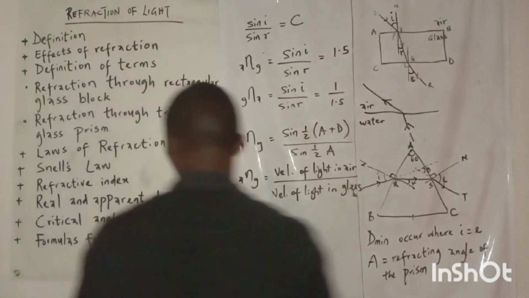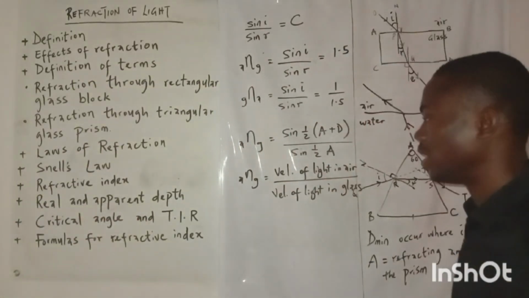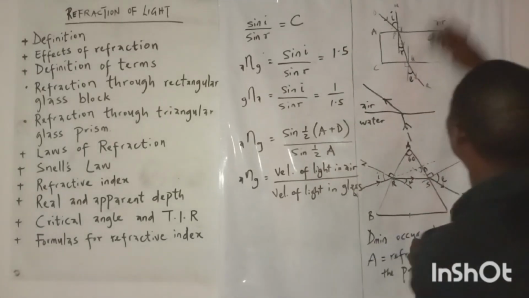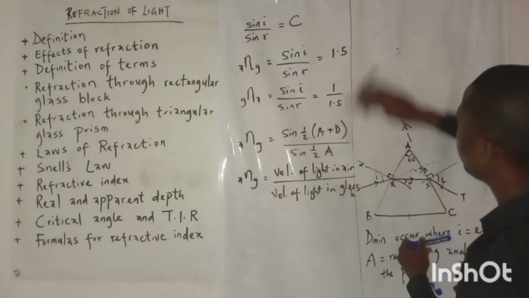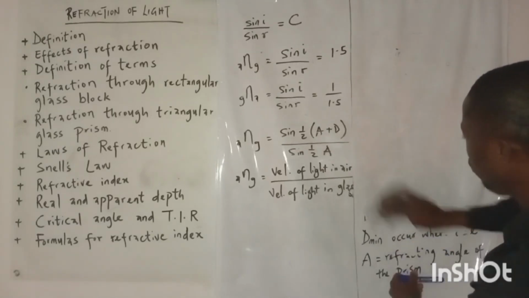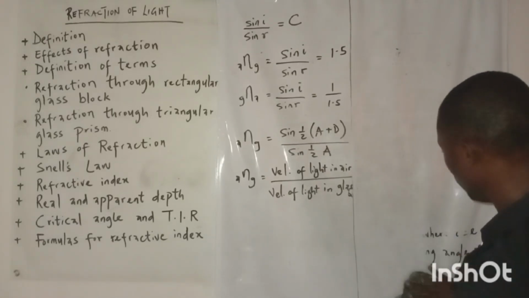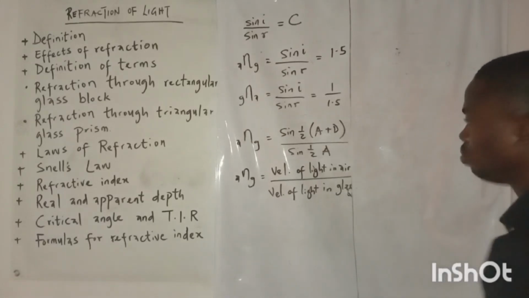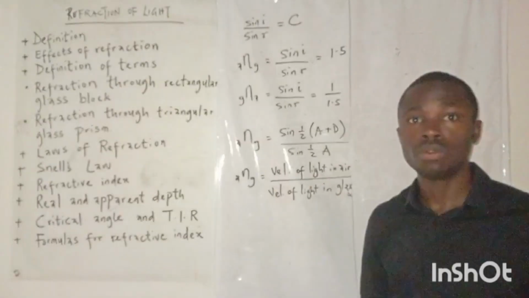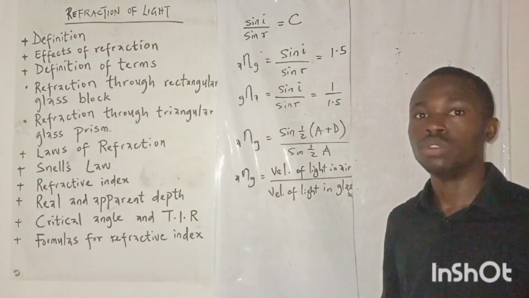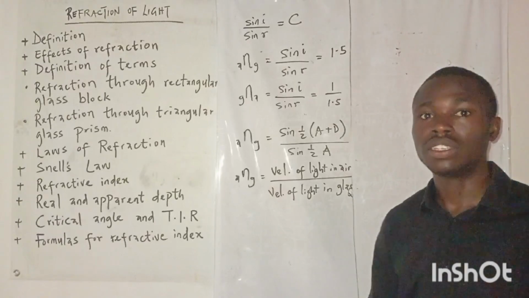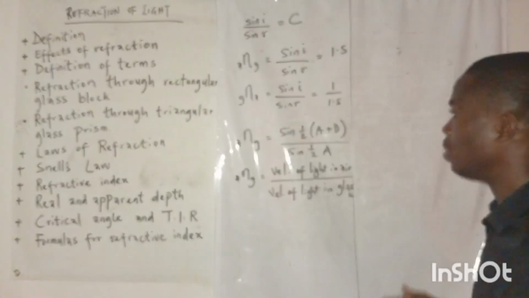We have real and apparent depth. Remember the first illustration I made, that if you look at a swimming pool, the bottom of the swimming pool appears to be shallower than it actually is.